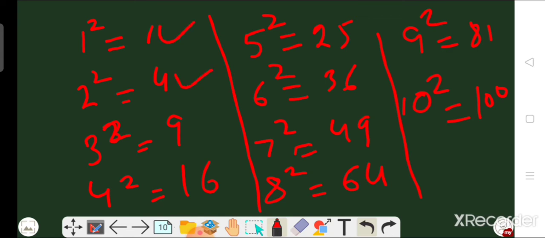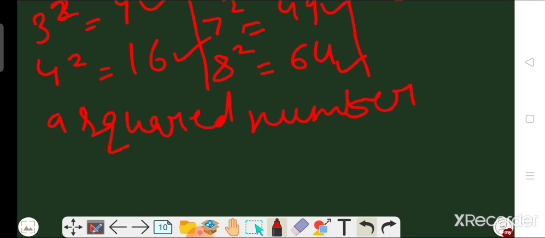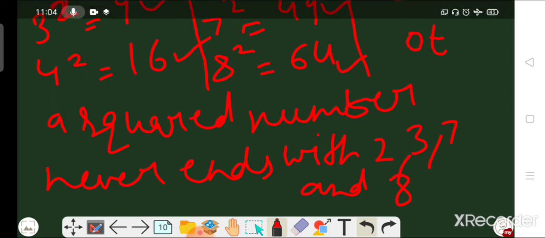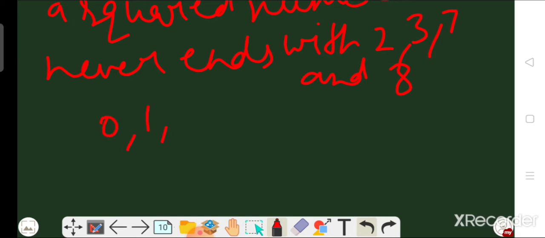Now from here, what you can say, beta, look at the value of squares and their unit places. Here 1 is unit place, here 4, here 9, here 6, here 5, here 6, here 9, here 4, here 1 and here 0. So what we can say from here is that a square number never ends with 2, 3, 7 and 8, because all numbers in this universe have unit place out of 0 to 9, and if we square these numbers, we get only the numbers 0, 1, 4, 5, 6 and 9.